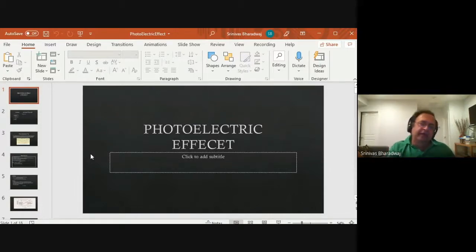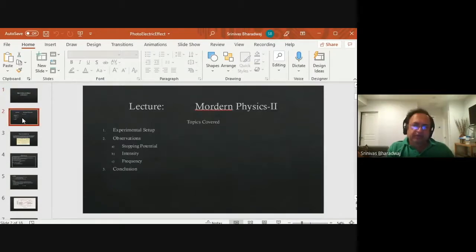The photoelectric effect was what got Einstein his Nobel Prize. Einstein did not get a Nobel Prize for either of his relativity theories. He did get a Nobel Prize for the photoelectric effect. So we will be discussing the photoelectric effect and then hop into modern physics from there.